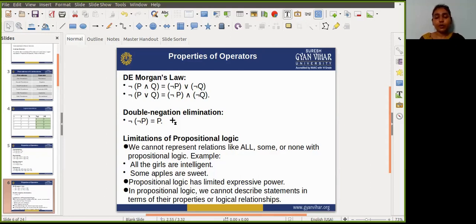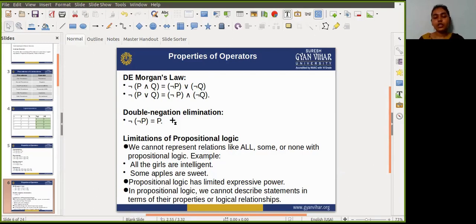So any English sentence which contains words like all, some, none, you cannot write propositional logic for that sentence. The next limitation is that propositional logic has limited expressive power.